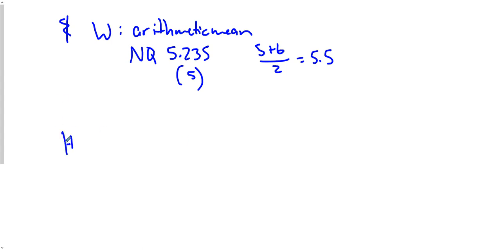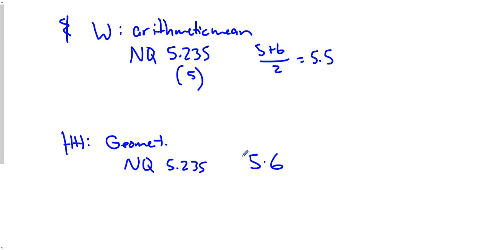But for Hill-Huntington's, he uses the geometric mean. Let's use the same natural quota of 5.235. The geometric mean is to multiply 5 by 6, since again they're going to get either 5 seats or 6 seats, and take the square root.